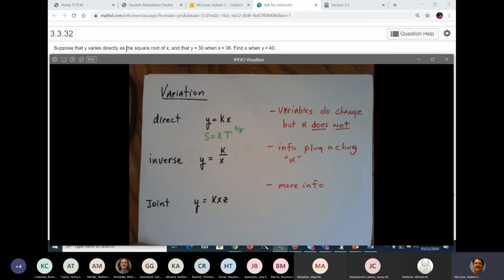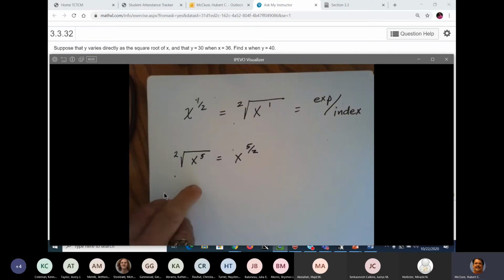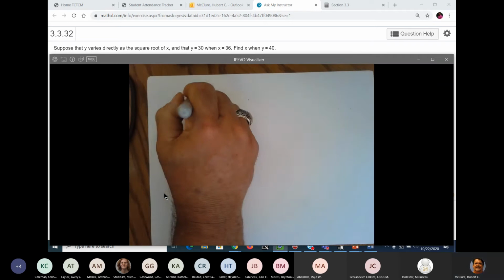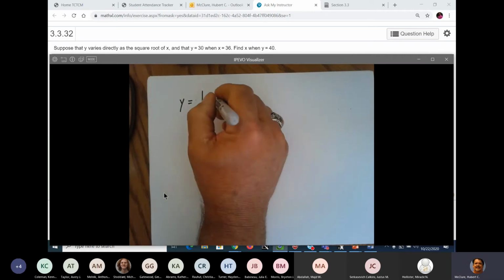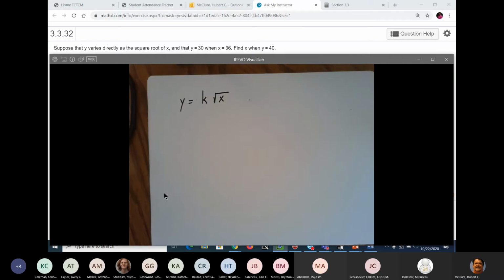Y varies directly as the square root of x. So I just rewrite mine, and I say y is equal to k times the square root of x. The first part of that sentence you can mark out, because that's what that says.